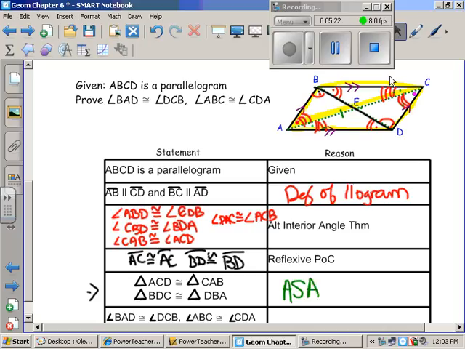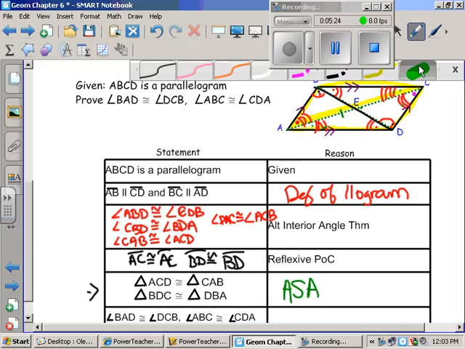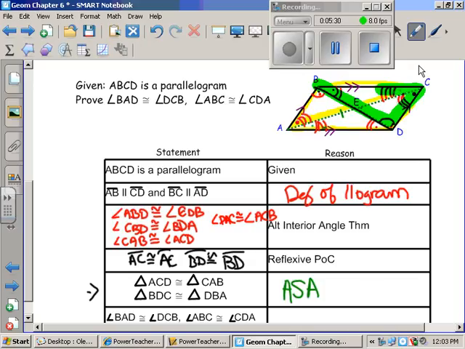Okay? Same thing with BDC and DBA. BDC is this triangle, and BDA is this triangle. So again, this side is congruent, so we've got angle, side, angle. Okay?